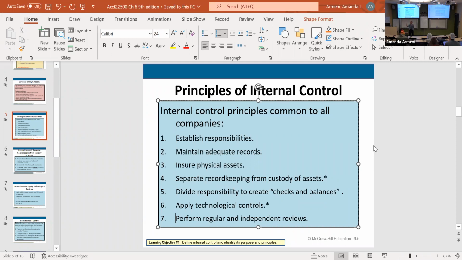And if there are any differences between our accounting records and the bank records, let's figure out why those are different. What could have happened that would create differences between our accounting records and the bank statement, okay? And that's the independent review that we're going to do at the end of the chapter today, and again on Wednesday, okay? So independent regular reviews.